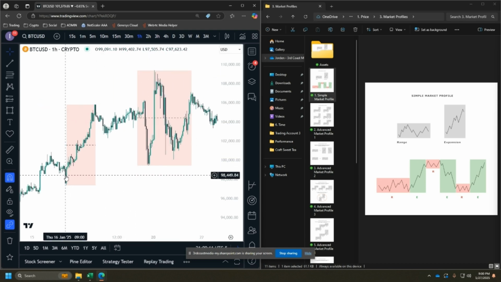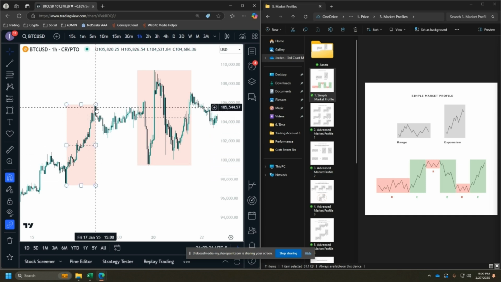Here we started below, and then from this point in time to this point in time, we had a sharp increase in price. So you can't really say that we moved sideways from here. We moved upward. So this would be an expansion.